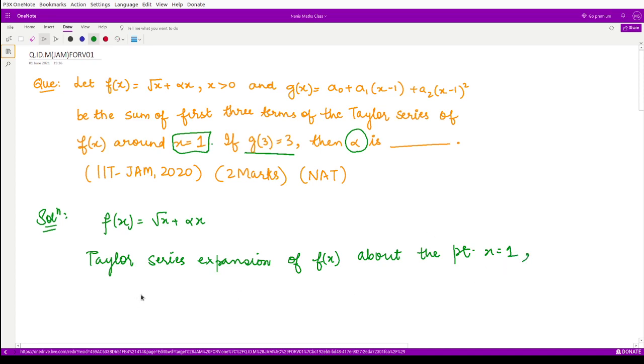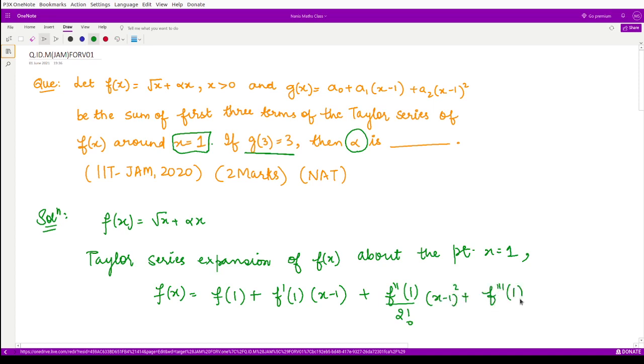So around this point f(x) would be equal to the value of the function at the point 1, so f(1), plus the derivative of the function evaluated at 1 into (x minus 1), plus the double derivative evaluated at 1 divided by 2 factorial into (x minus 1) whole square, plus the triple derivative evaluated at 1 divided by 3 factorial into (x minus 1) cube, plus so on.